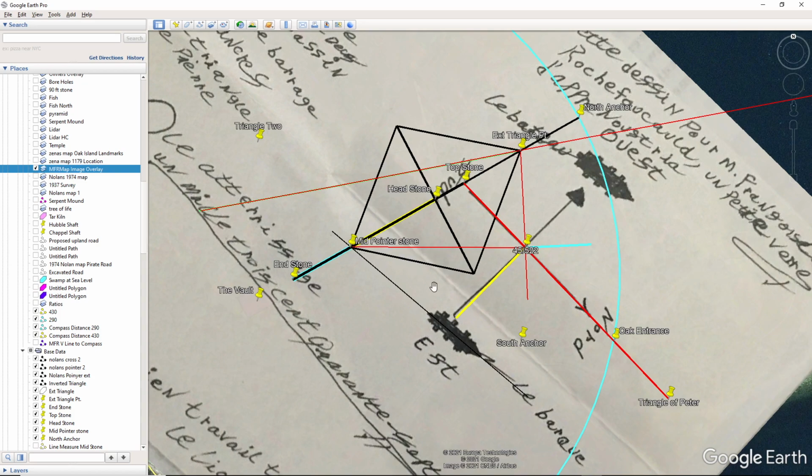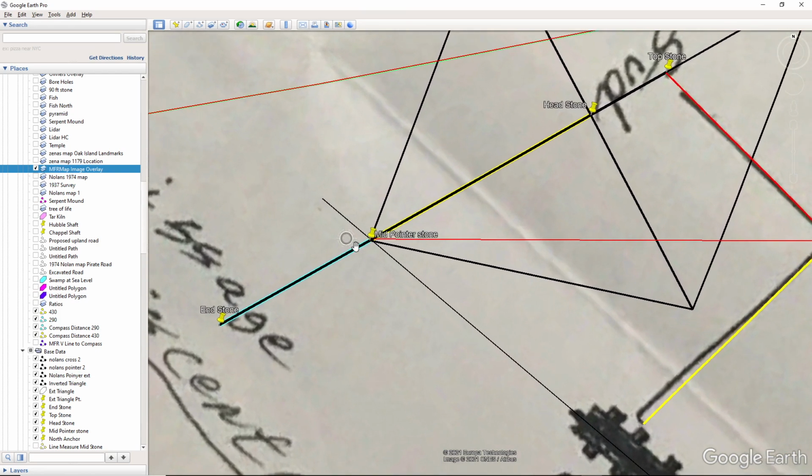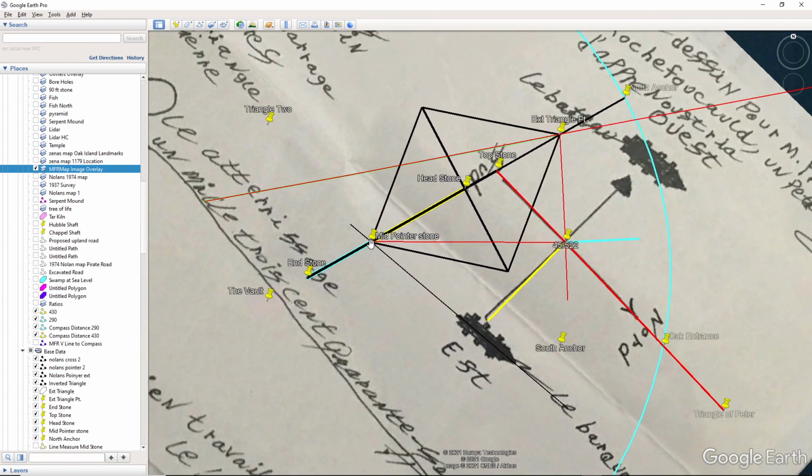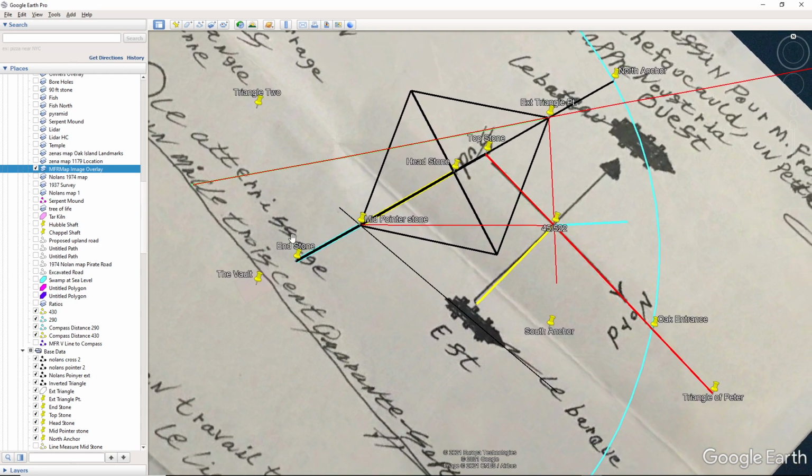So notice that we have a point also on this scale. We have a point that is located through going through the middle of the Barcou, Le Barcou, and it hits the midstone pointer. Okay? Now the mid-pointer stone lies directly due east or due west from the 45,522 point.